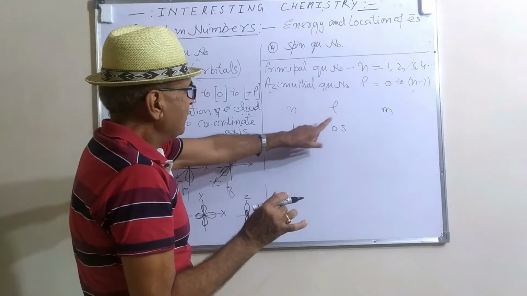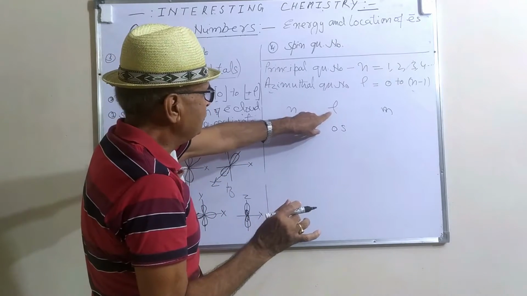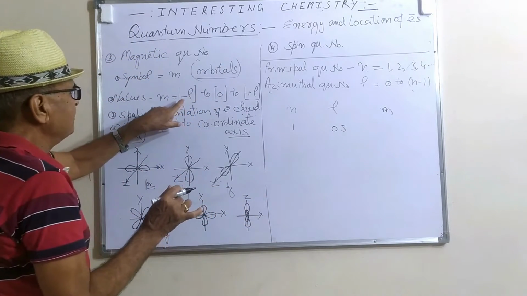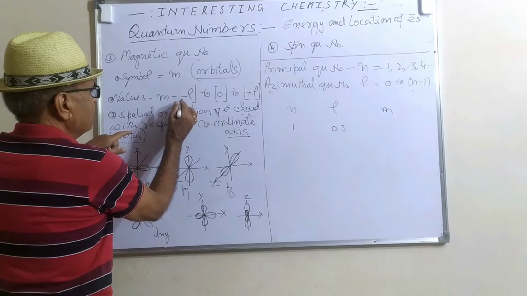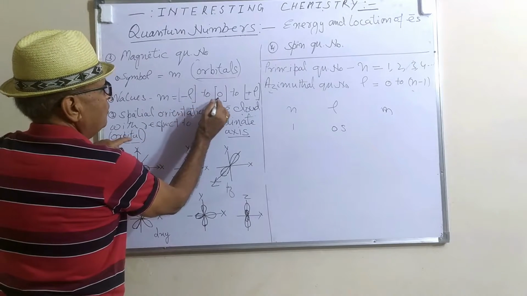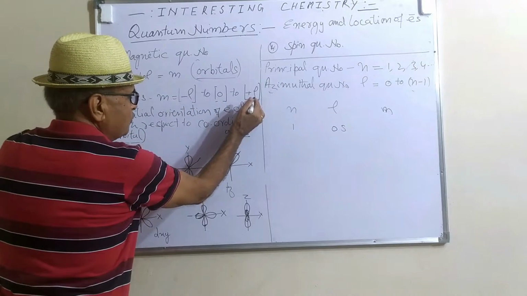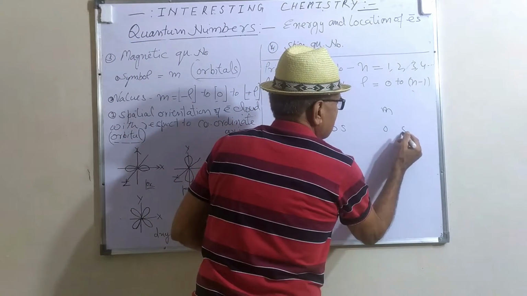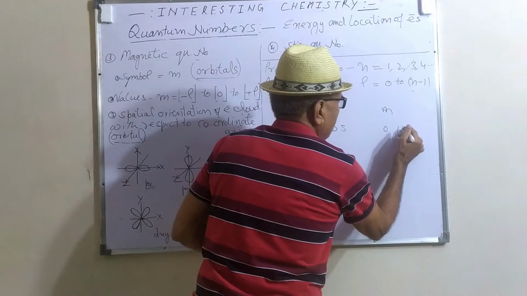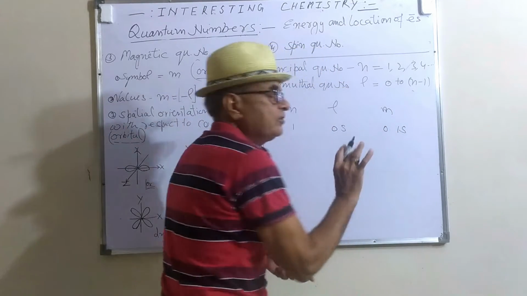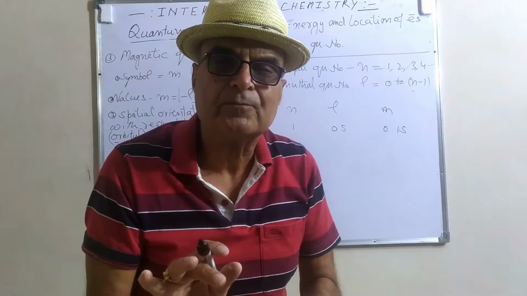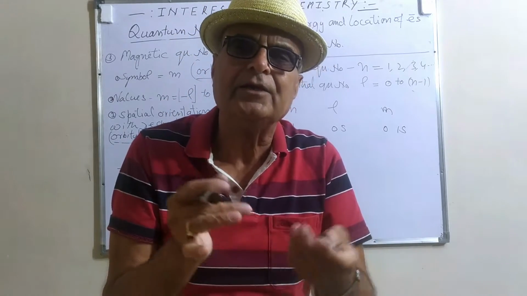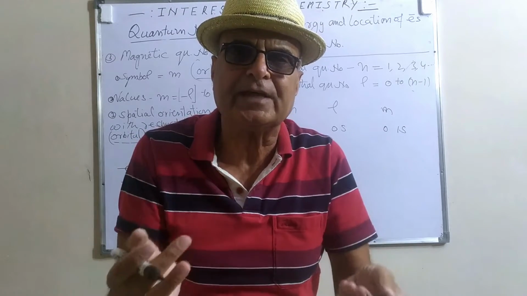Again, now when we know the value of L, then calculate the value of M. You will write minus L to plus L, minus 0 to plus 0, so it is 0, again S. So here you can say 1S. This 0 tells us there is only one orbital in the first shell, in the K shell.